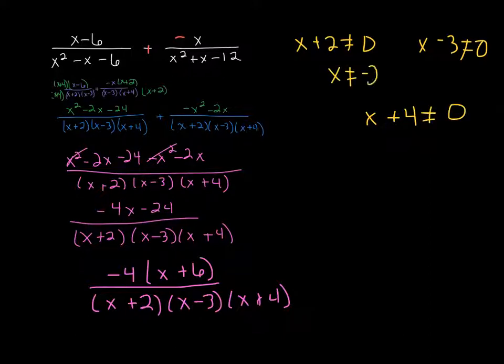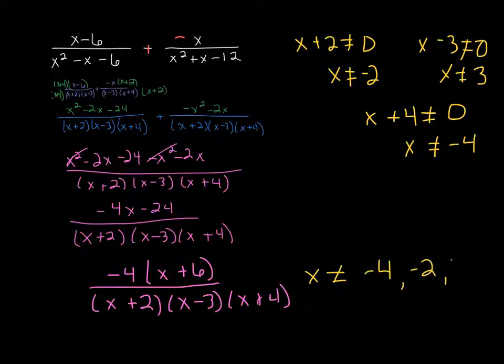So x cannot equal negative 2, subtract 2. Add 3, x cannot equal 3. Subtract 4, x cannot equal negative 4. So x cannot equal negative 4, negative 2, or 3.